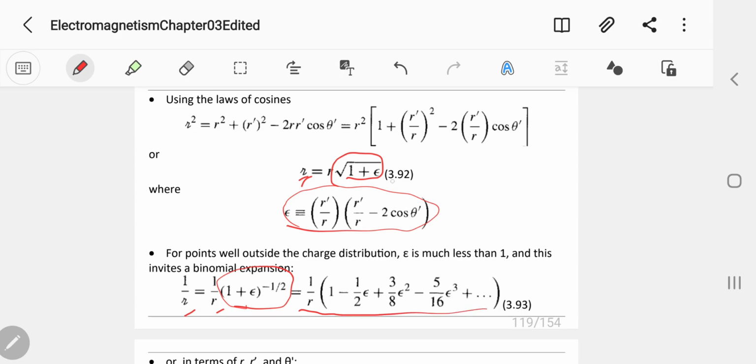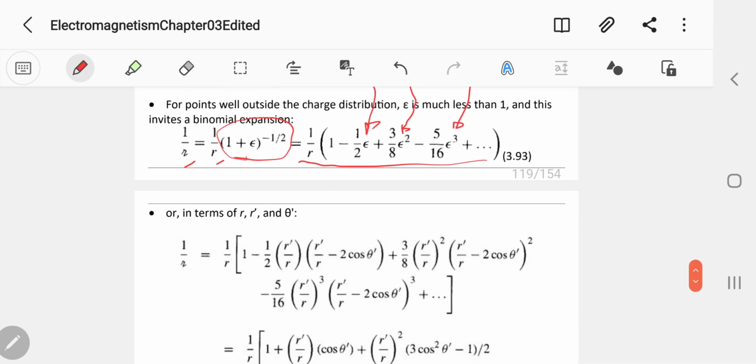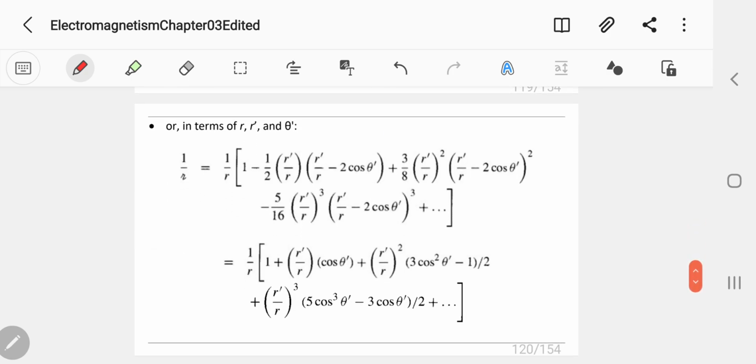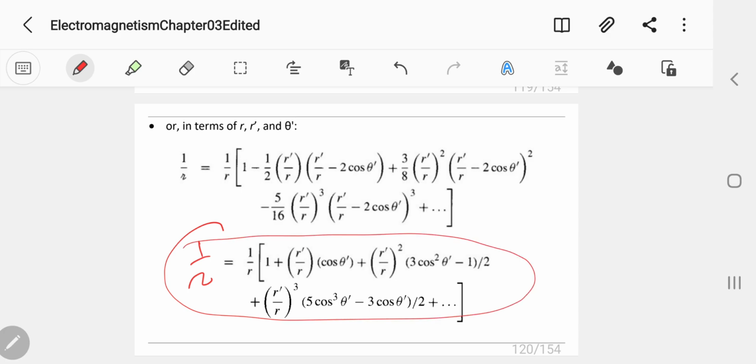And if you substitute this back into the epsilons, you will see that this expression is just this one here. If you look at this, you have 1, and then you have cosine theta, then 3 cosine squared theta prime minus 1, and this one you also have 5 cosine cubed theta prime.